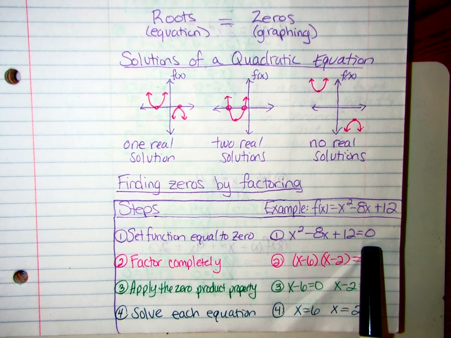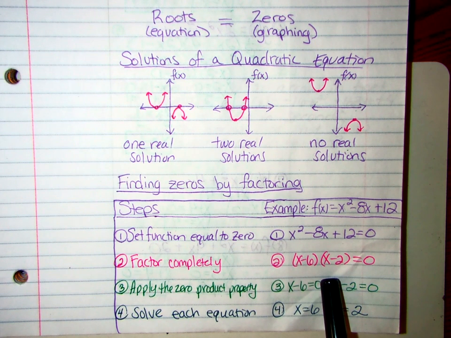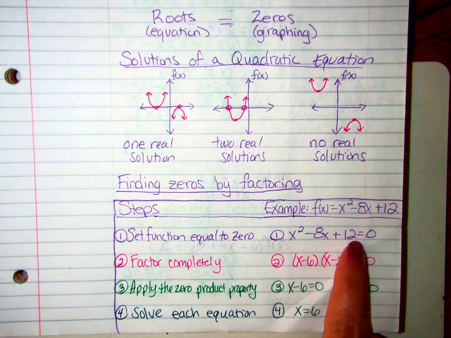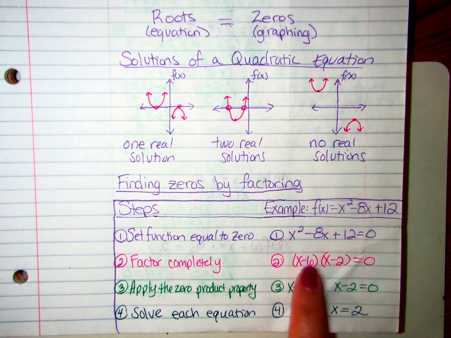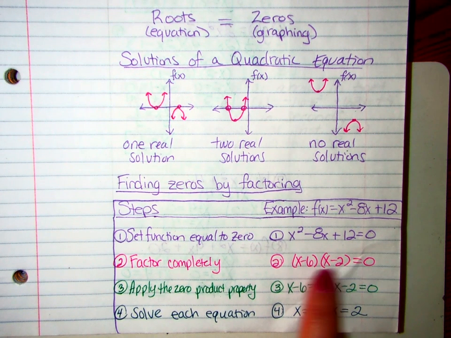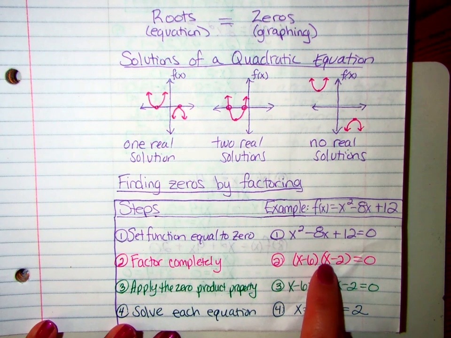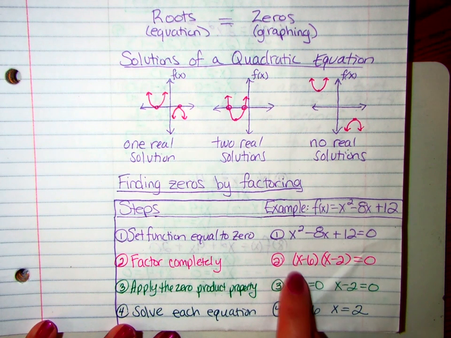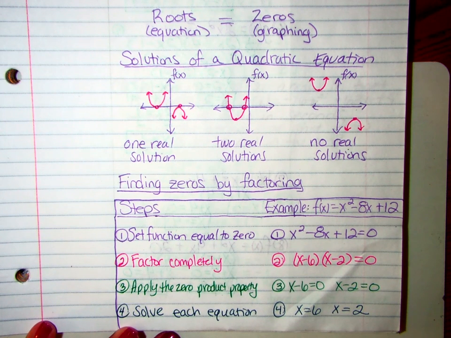The next step is to factor it completely. So with a trinomial, we know we have two parentheses. We're looking for factors of 12 that add to get negative 8. So it's a negative 6 and a negative 2. When we add them, we go, okay, negative 6x is here, a negative 2x is here, added together give me a negative 8x.